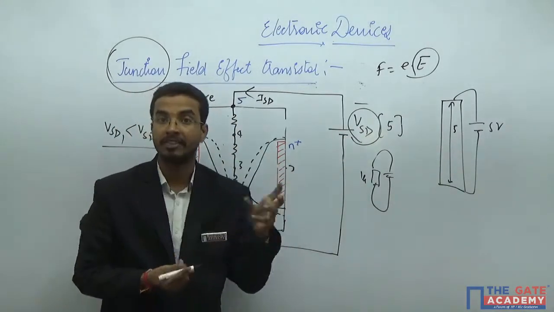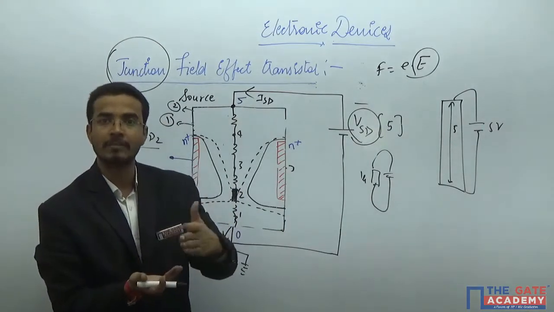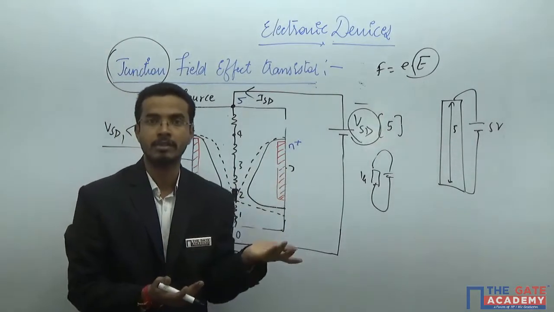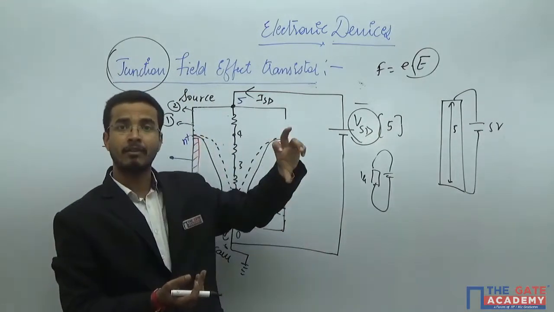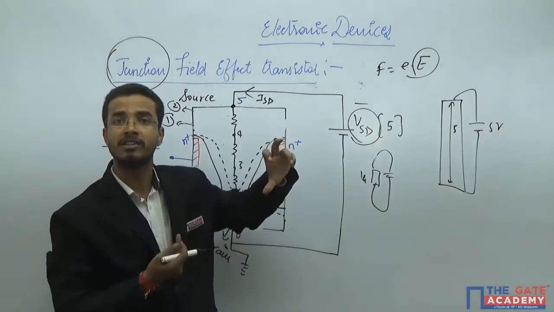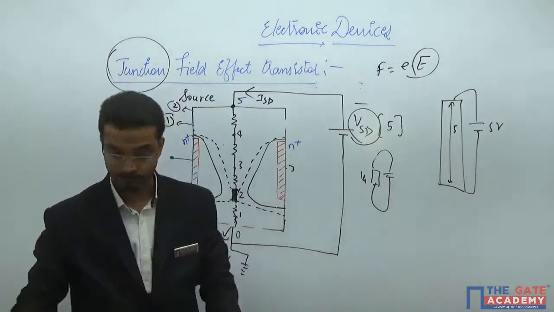Whenever you have this type of characteristic, where you are able to change the voltage but not the current, or in other words, the current is maintained in the device irrespective of the voltage, that acts as a constant current source.